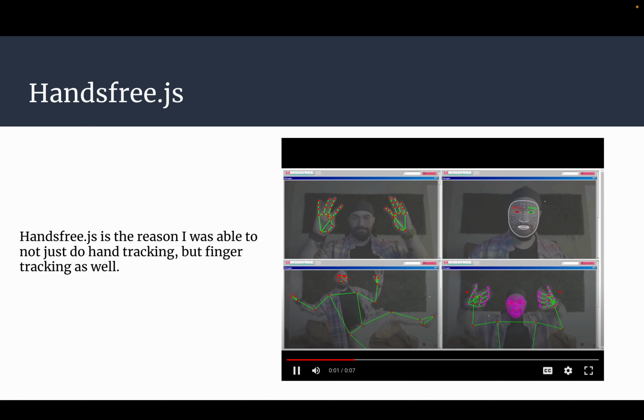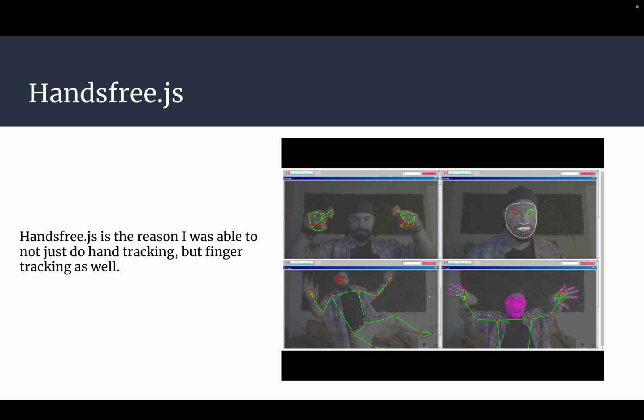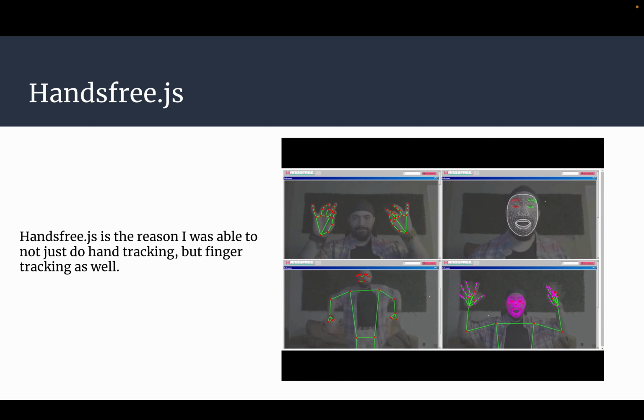So Hands-free is used by Kate specifically for the neural network training, and it's the reason that you're able to do finger movements with that, because it just makes it very easy, and so that's what it's trained on. It's trained with this because it's a lot simpler and it's a lot quicker to use.